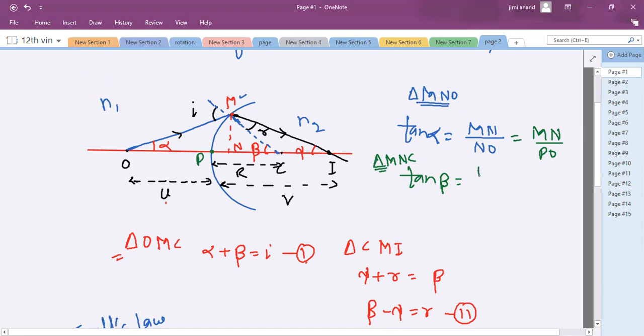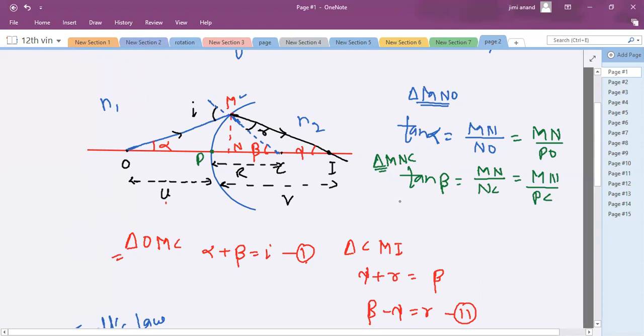Tan beta is MN by NC. MN is height, NC is base. Same story here: N and P are very, very near to each other, so you can say they coincide. So this is nothing but PC.